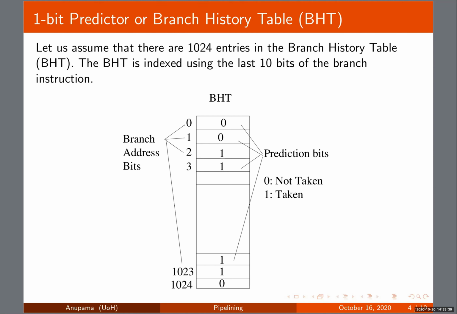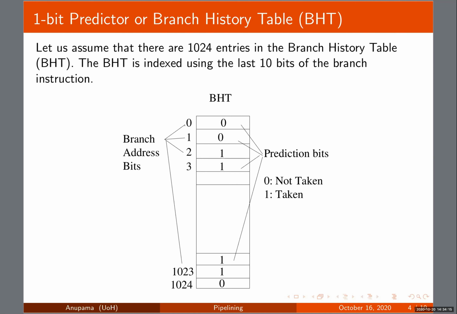If the prediction is found to be wrong, then, as normally done, the processor converts all the fetched instructions which are wrong into no-ops and starts fetching the right instructions. So it's not like we are creating any trouble, but if our prediction is correct, then we are actually going to have no stalls. That is the hope. Or at least we'll reduce the number of stalls. So that is the purpose of branch history prediction.